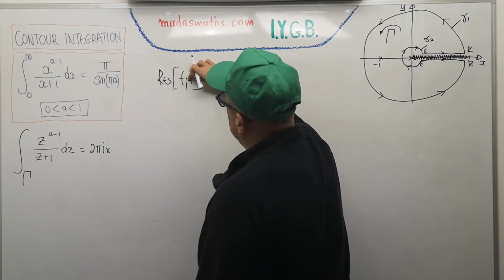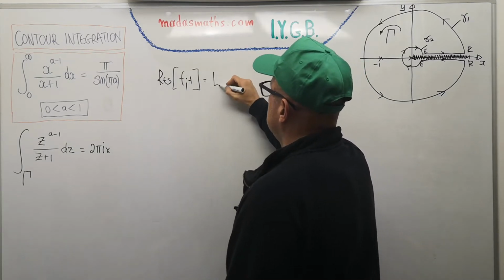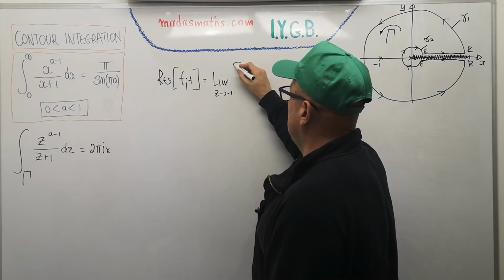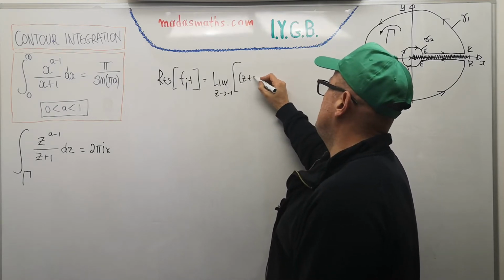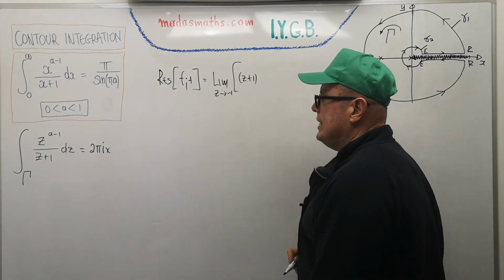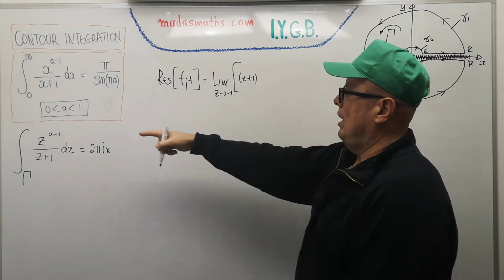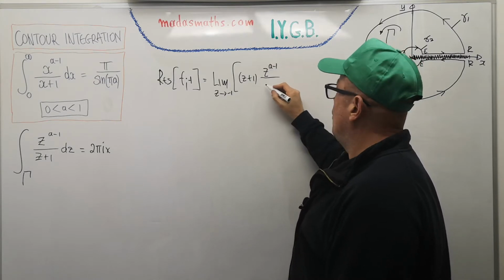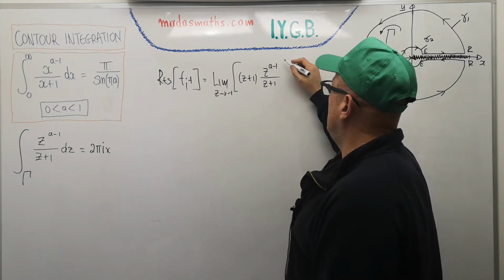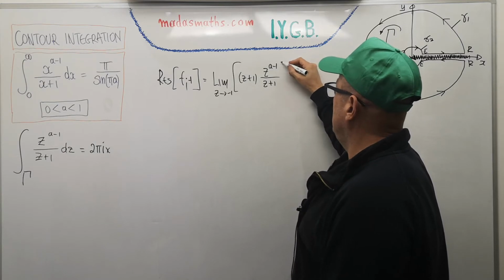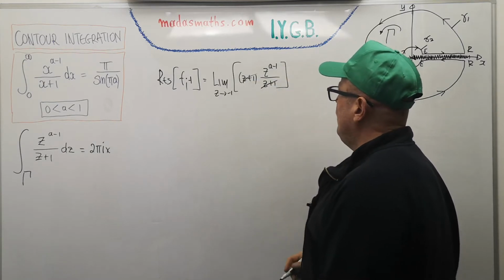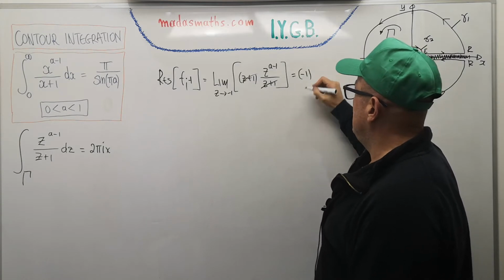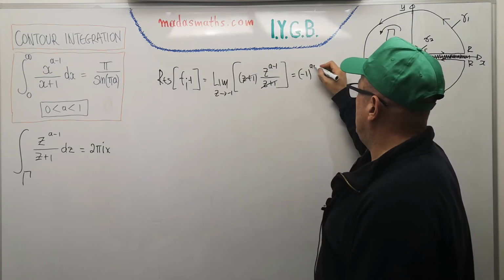With the standard formula, it's the limit as z tends to -1 of z plus 1 times f of z, and f of z is in the integrand, so it's z to the a minus 1 over z plus 1. The z plus 1s will cancel, and when we put in -1 there, we're going to get -1 to the power of a minus 1.